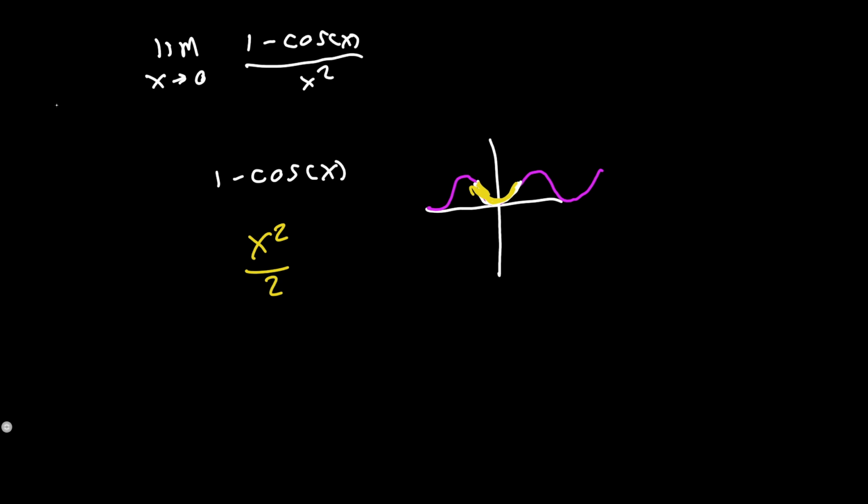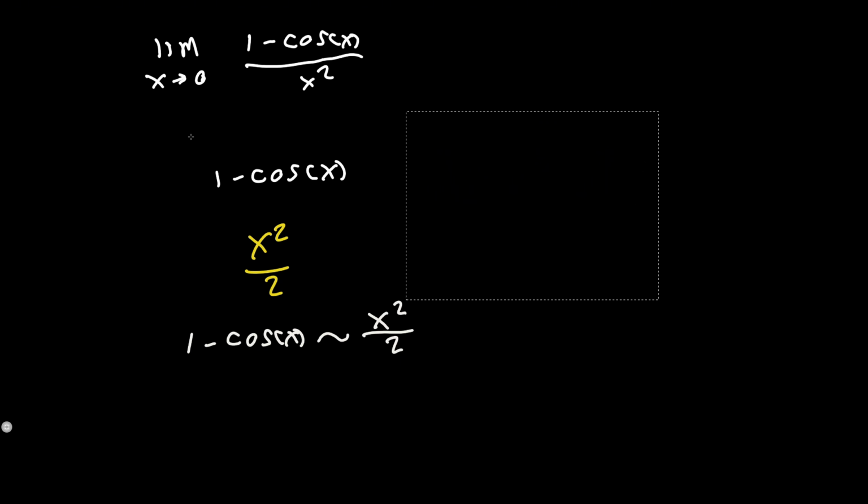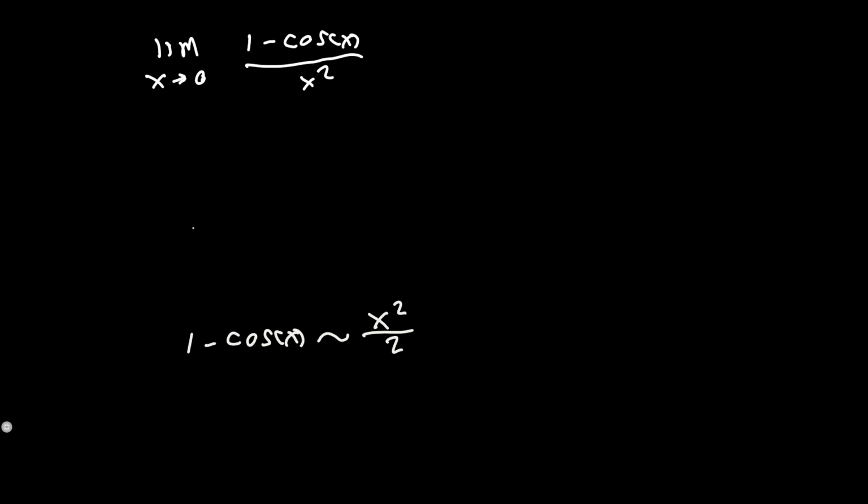So by that definition, we could say that 1 minus cosine of x is asymptotic to x squared over 2. If we plug that into our limit as x approaches 0, we can replace 1 minus cosine of x with x squared over 2, since it is at 0 exactly where we want to find the limit. So it is going to be x squared over 2x squared.